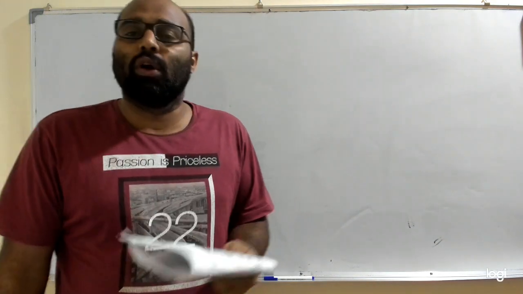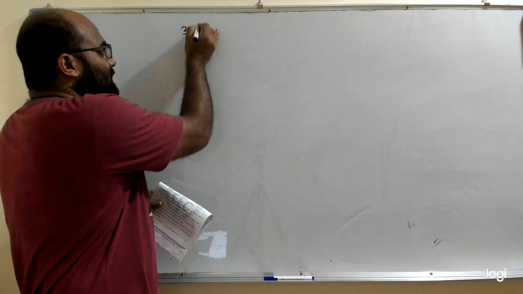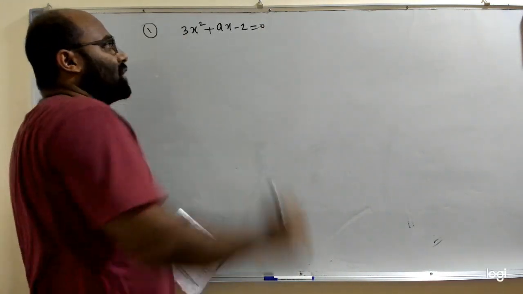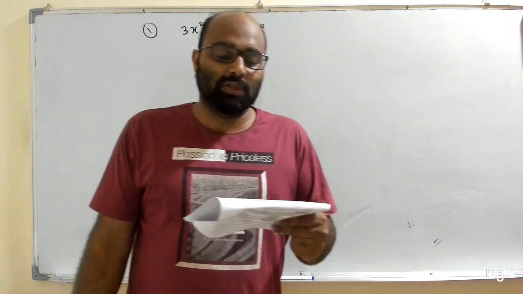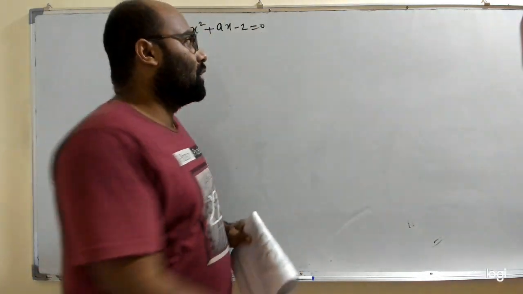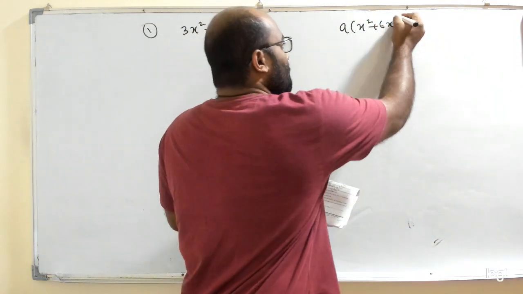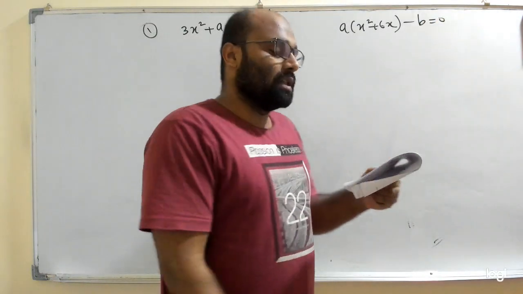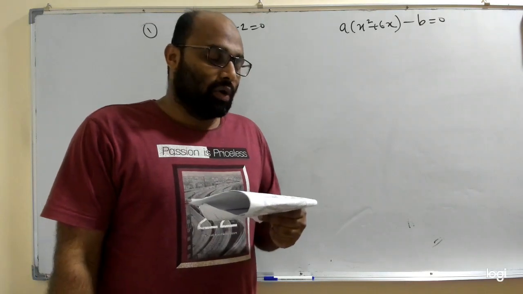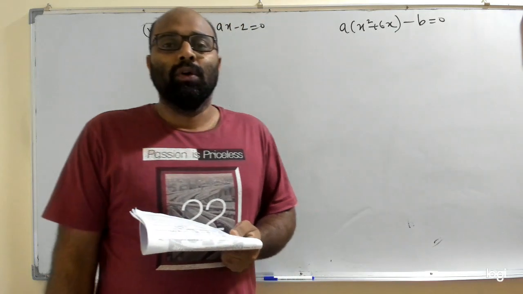If 1 is a root of the quadratic equation 3x square plus ax minus 2 equal to 0, and the quadratic equation a into x square plus 6x minus b equal to 0 has equal roots, find the value of b.